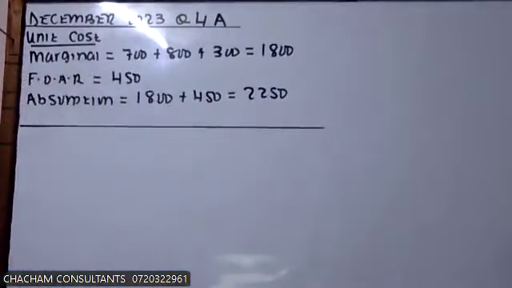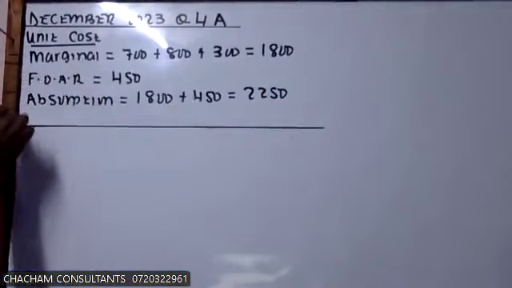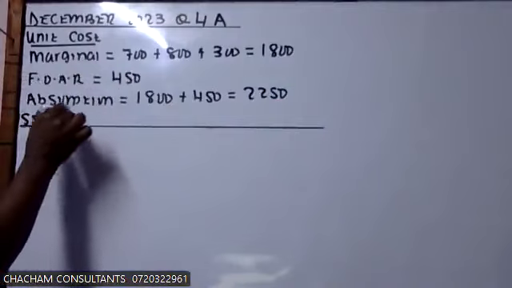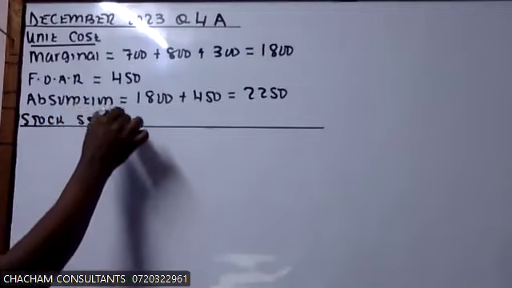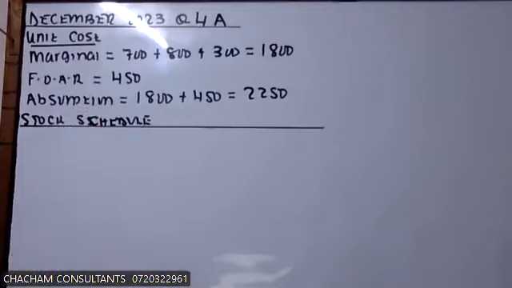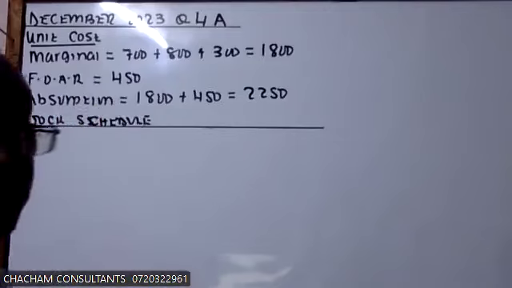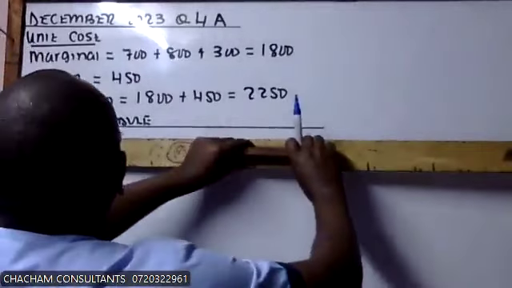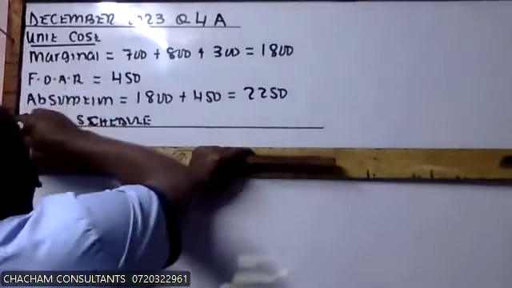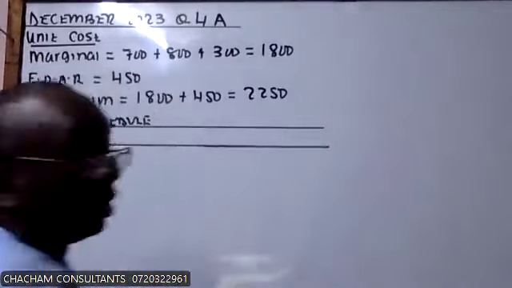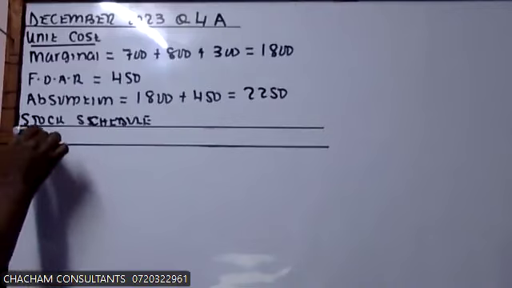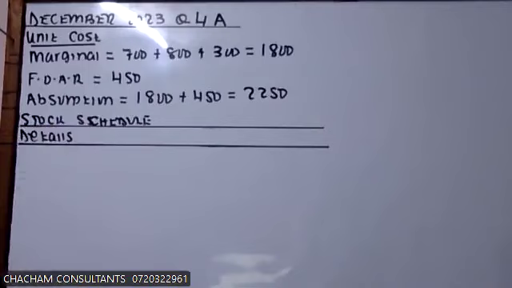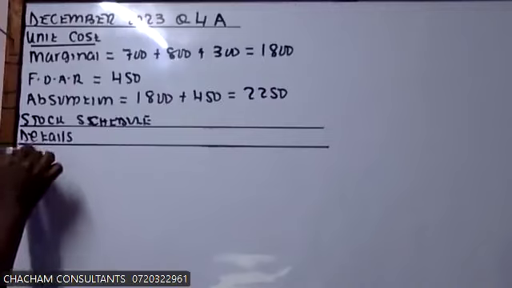There is something else that we prepare called stock schedule. Now the stock schedule normally has this format. Here we have details. In the details, we start with the opening stock.